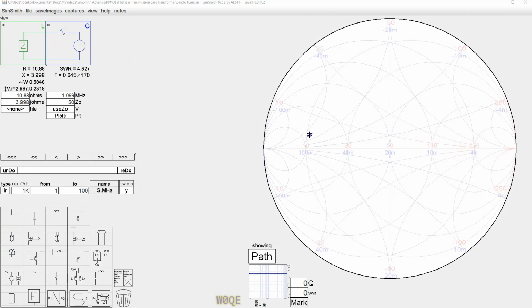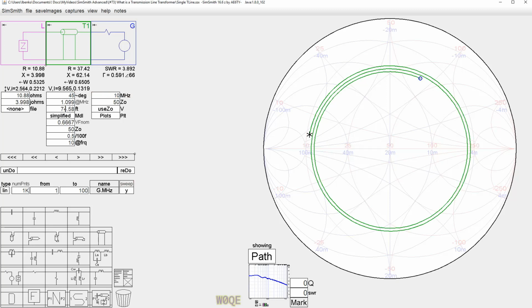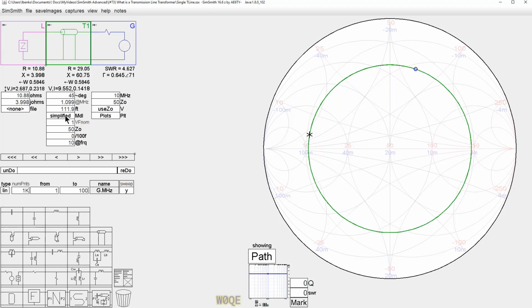Now let's look at the simplest transmission line matching problem we can do, and that is a single transmission line of some impedance and some length. And let's again make this a lossless piece of transmission line, velocity factor 1. None of this really matters again, and it has some length.